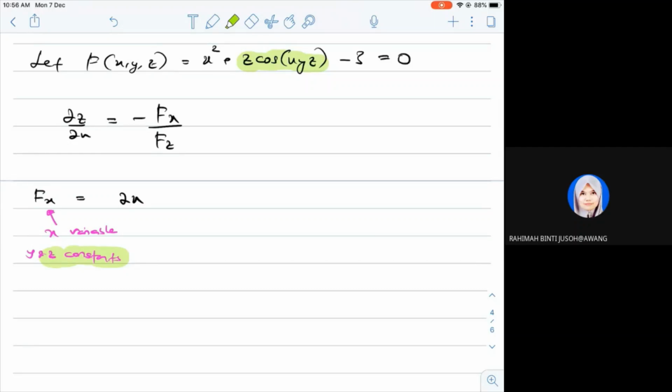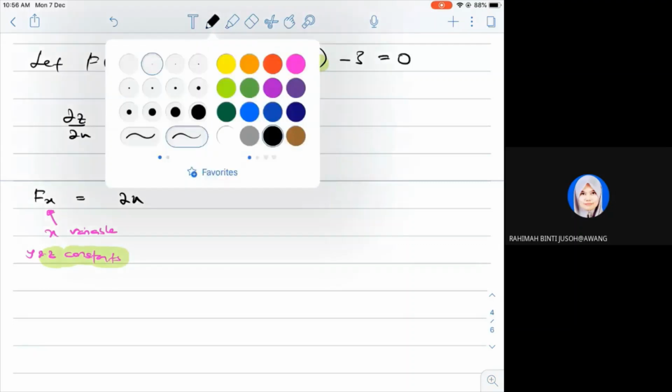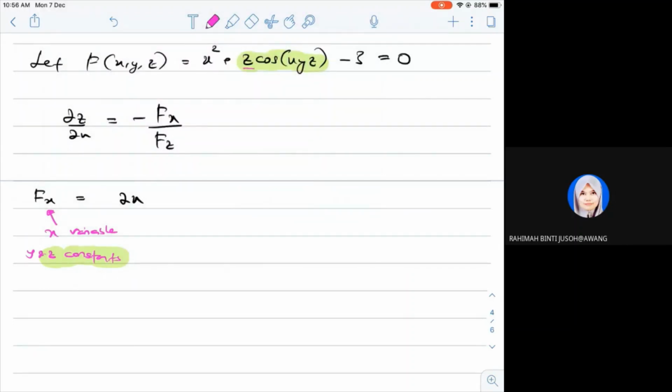So directly, the constants here are y and z. We bring these constants to the front, yz to the front here. Kita bawa ke depan, differentiate cos we get negative.